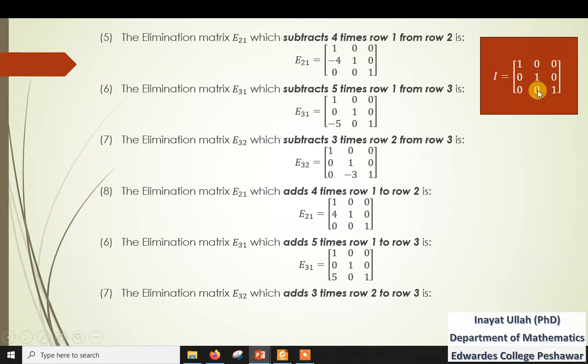So below this 1, this 0 will change to plus 3. So that's how we can find the elimination matrices directly from the definition. That is the main idea which allows us to find the various elimination matrices.